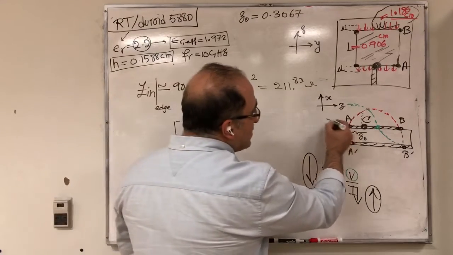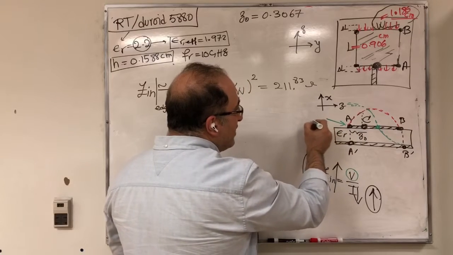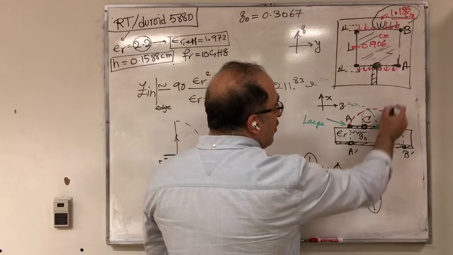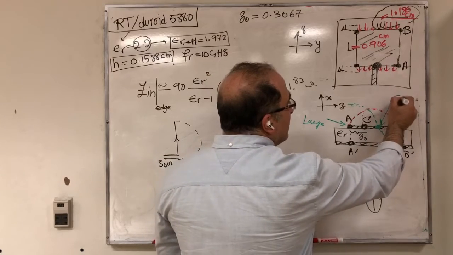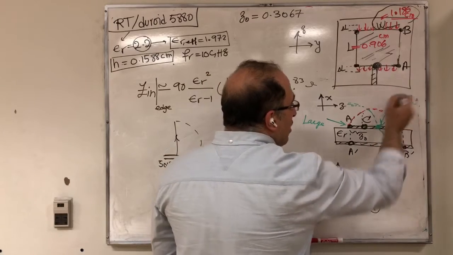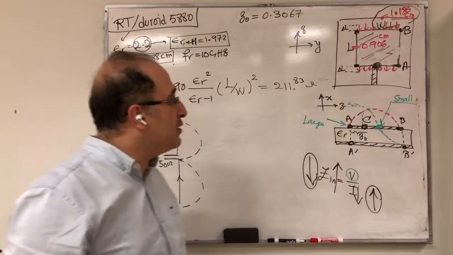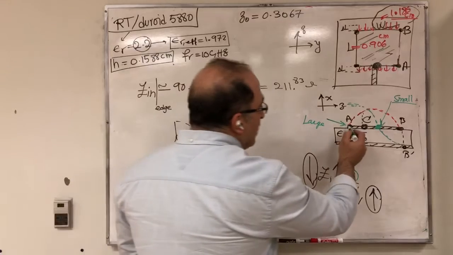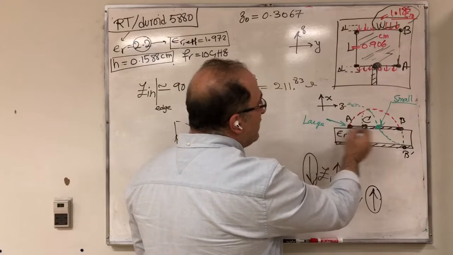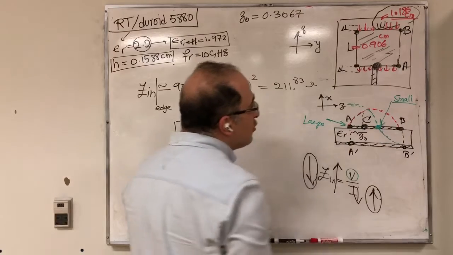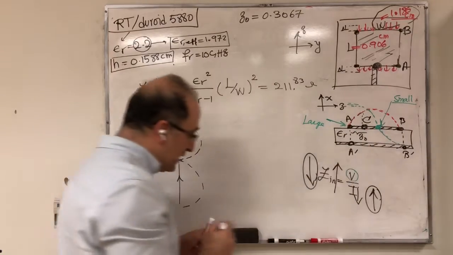So at this point, Z in is very large. And at this point, if you are able to feed at this point, Z in is very small. Or maybe you can say it's zero based on the fact that V goes to zero. So of course, we didn't want to feed here, we didn't want to feed here. Ideally, we want to feed at a point that is close to 50 ohm with the distance Z naught.